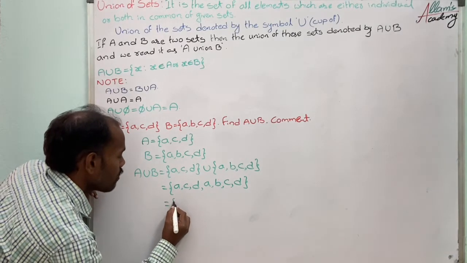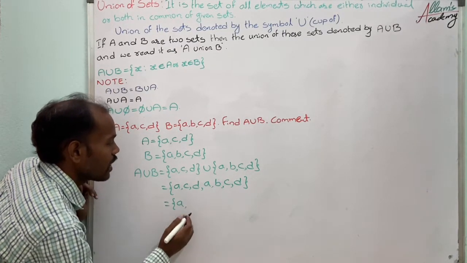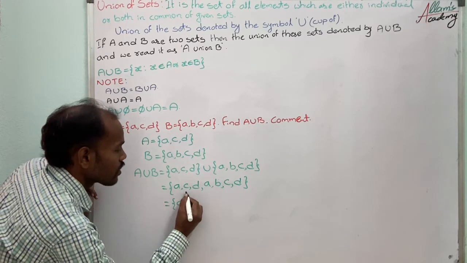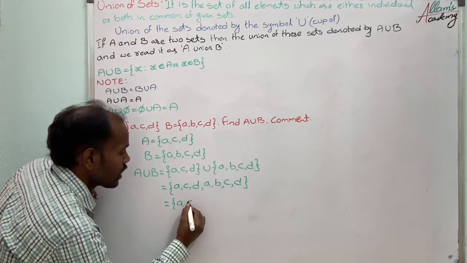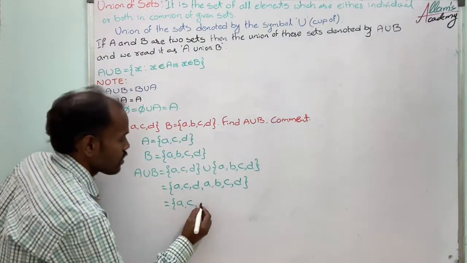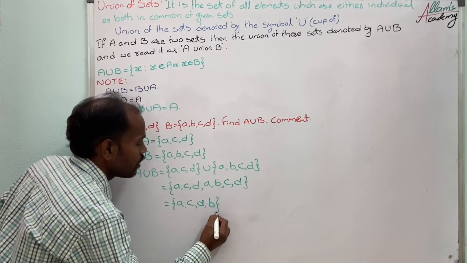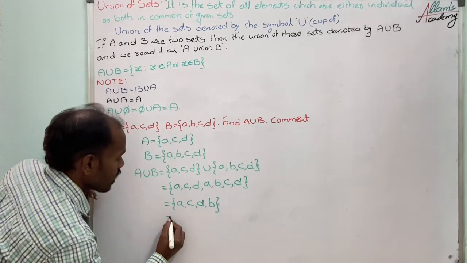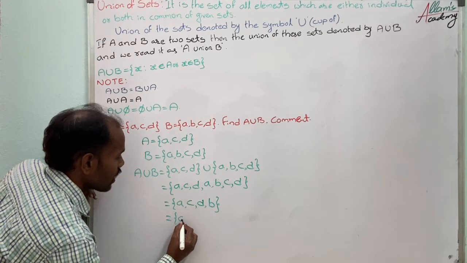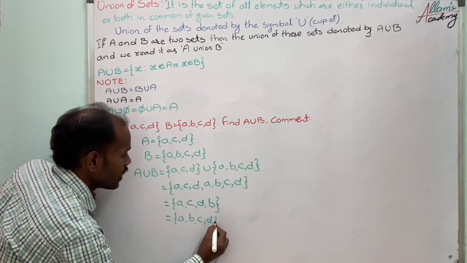So the element A is repeated twice, so we take it once, and C also is repeated twice, so we take it once, and D also, so we take it once, and the remaining element is B. Now we write all of them in order: A, B, C, D.